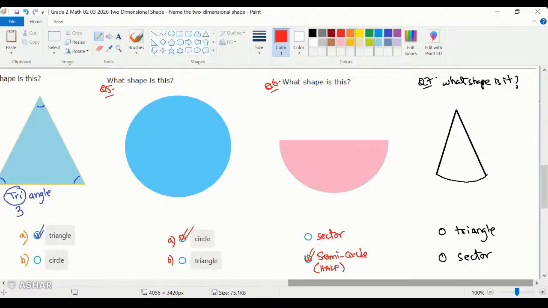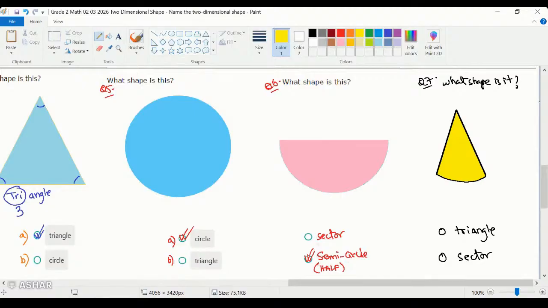So question number 7, what shape should it be? I think it should be a triangle, right? Because it has 3 sides. Yes, May, you're correct. But why can't we call it a triangle? It has 3 sides, right?